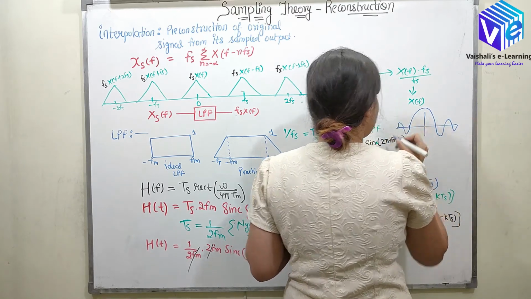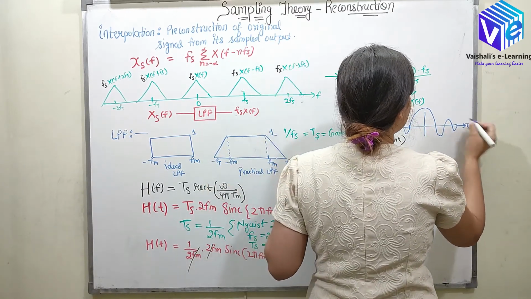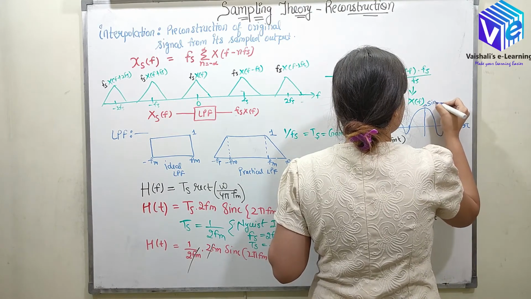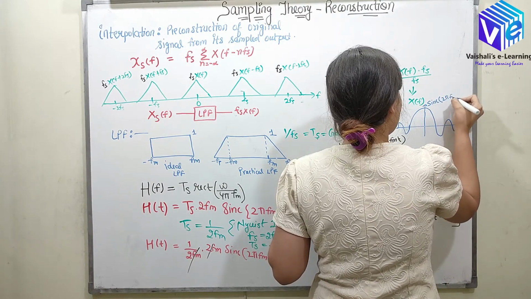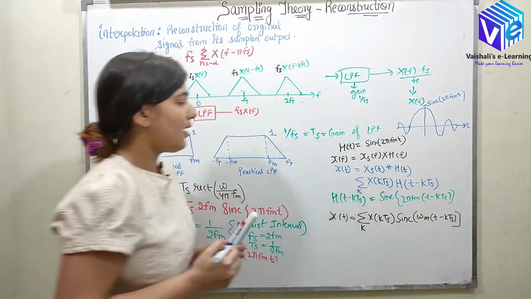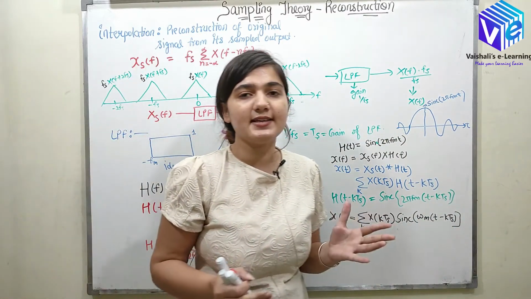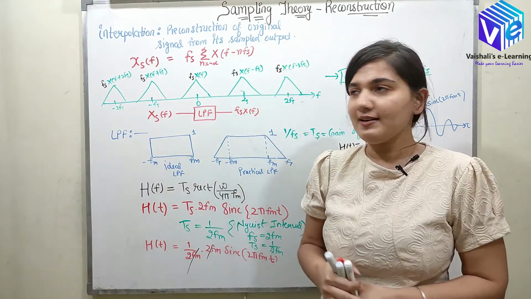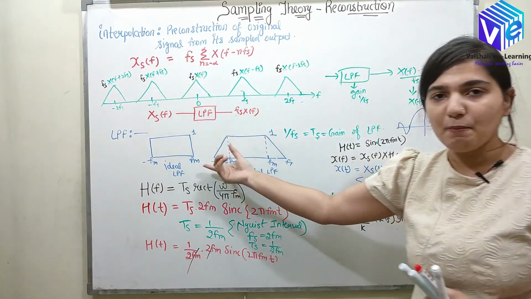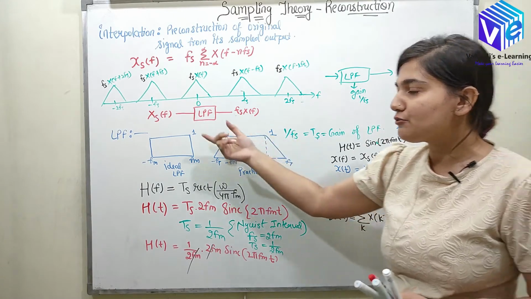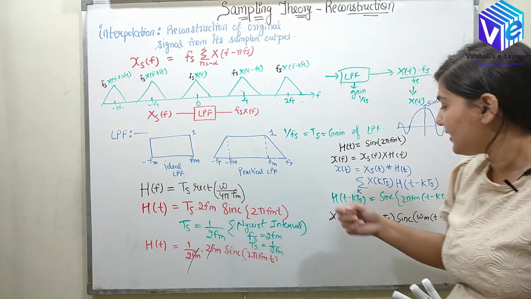I hope you remember how I can plot the sinc function. This is sinc of 2 pi fm t. Now I hope you understood how I can reconstruct my signal back from the sampled function with the help of a low pass filter. I used an ideal low pass filter here.